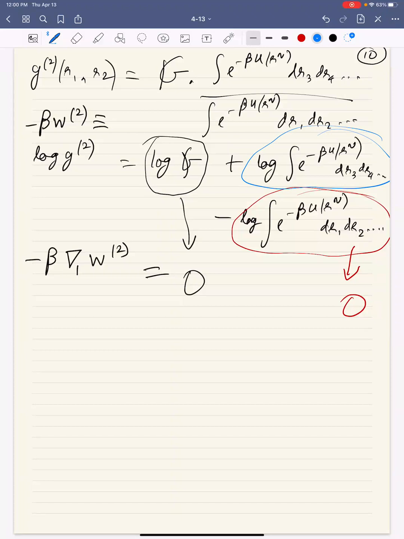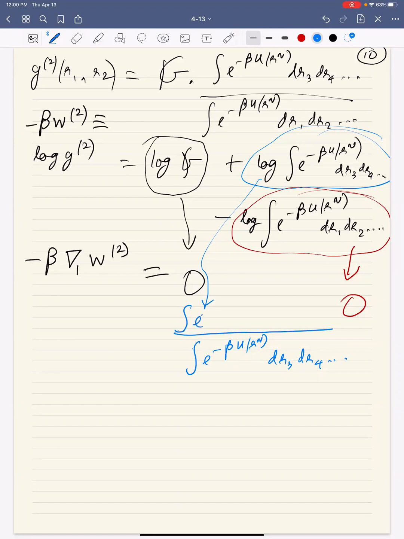That's going to give us the log of something. When you differentiate it, what happens? The whole thing goes in the denominator, right? So you will get in the denominator the integral of e to the power minus beta u of Rn dr3 dr4. Now the numerator becomes interesting. We have to go inside the integral and differentiate with respect to R1. First we have an exponential. What is the derivative of an exponential? An exponential, right? We love it for that reason.